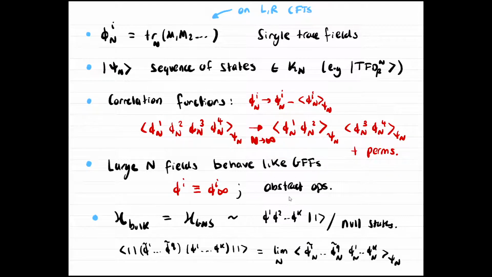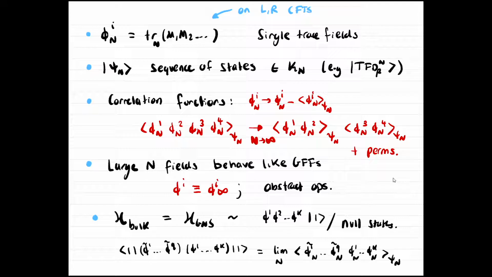But we can construct an algebra out of it just by thinking of basically words of these single trace fields. Okay, so that's this. And in particular, on this algebra, I have a state. Okay, and what is that state? Well, it just comes from the limit of this sequence of states, right? So I take these phi's, I identify them with the finite N versions here. I take the expectation value in psi_N and take the limit.